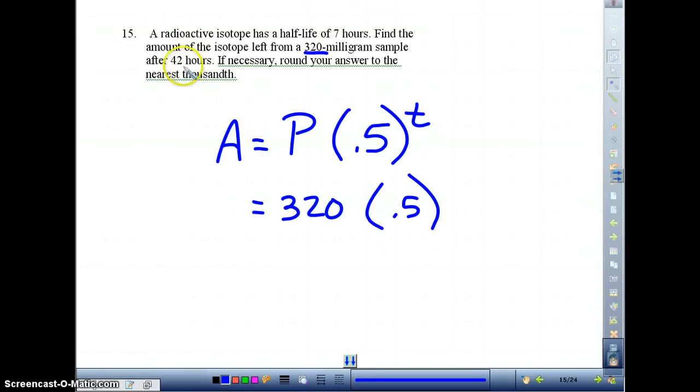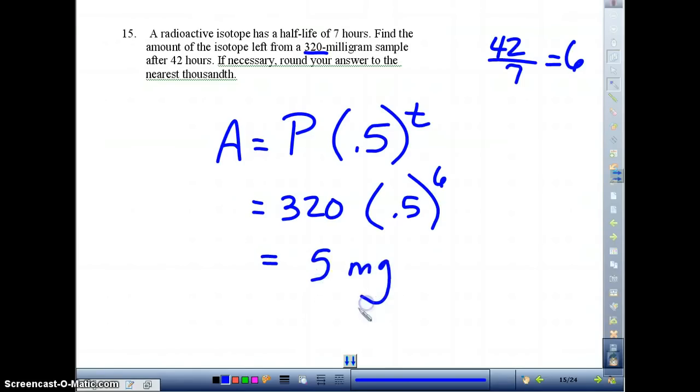How many half-life cycles does it go through in 42 hours? It's going to be 42 divided by 7, which is 6. That's how many half-life periods it goes through in 42 hours. So you raise that to the 6th. Now just do some number crunching. What'd you get? I got 5 milligrams. Bam.